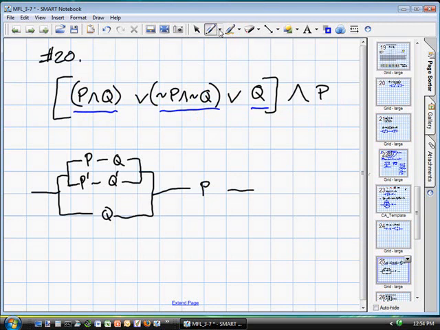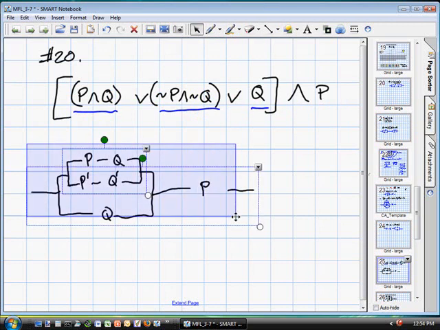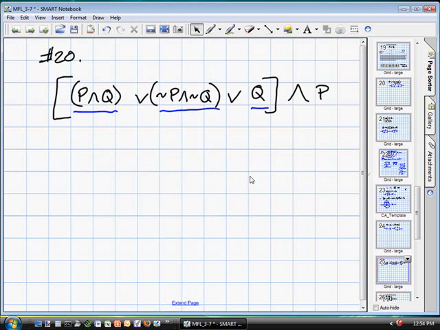Again, let me erase. Let's try this one. Really doing this together. Okay. Innermost parentheses are underlined. I got 3 guys. The first guy is an AND. Well, that's a side by side, isn't it? P and Q, side by side.